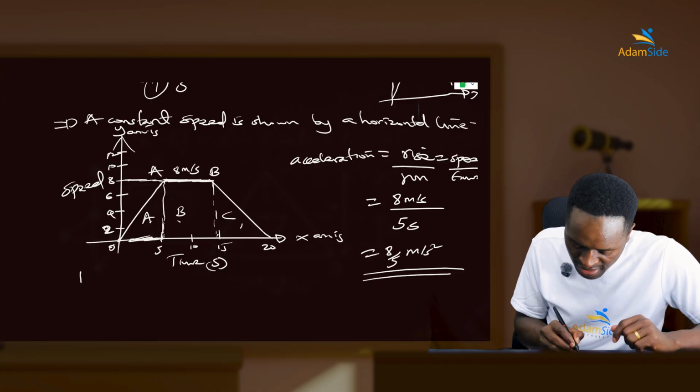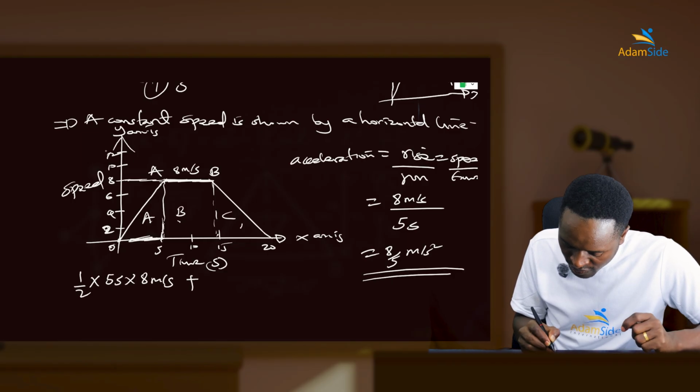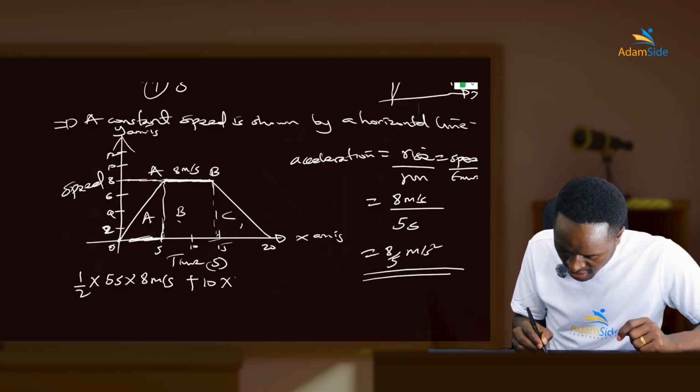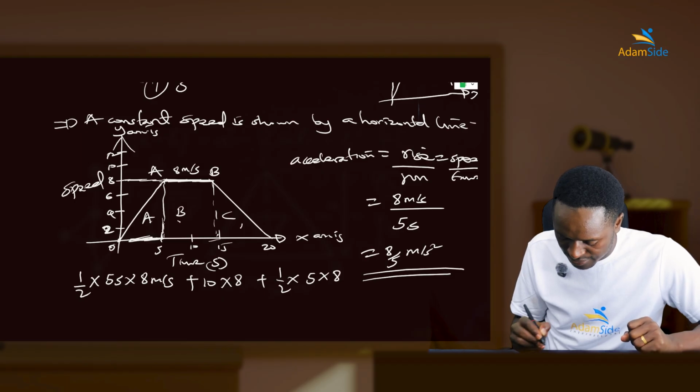So in that case, you say area is a half times base, which is 5 seconds, times the height, which is 8 meters per second, plus the area of this one, 15 minus 5 is 10 times 8, then plus a half times the base, which is 5, times the height, 8.